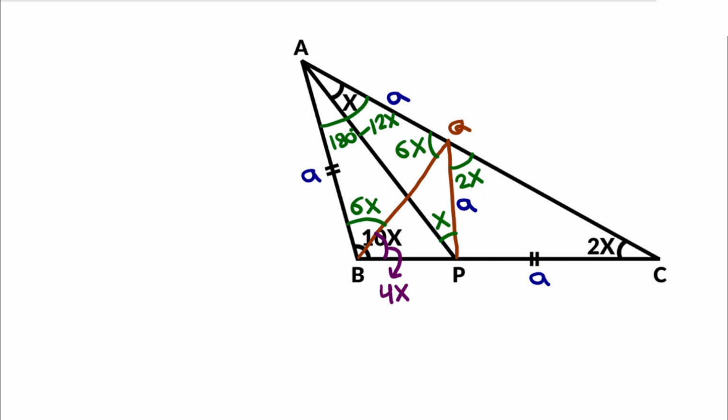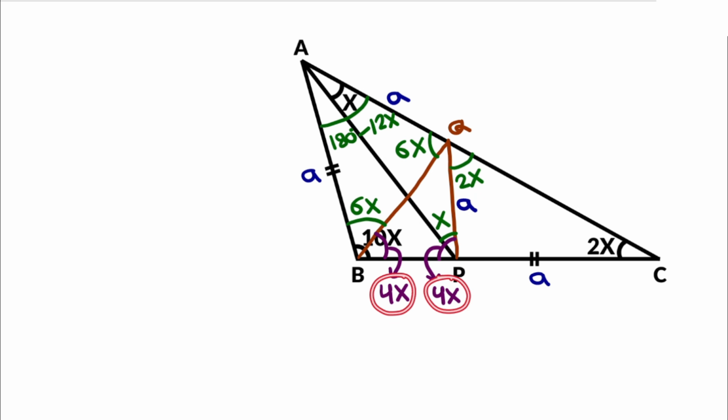Now look at triangle CPQ. Its two interior angles are both 2x. So the exterior angle at P is 4x. Finally, consider triangle BPQ. Angle PBQ is 4x.